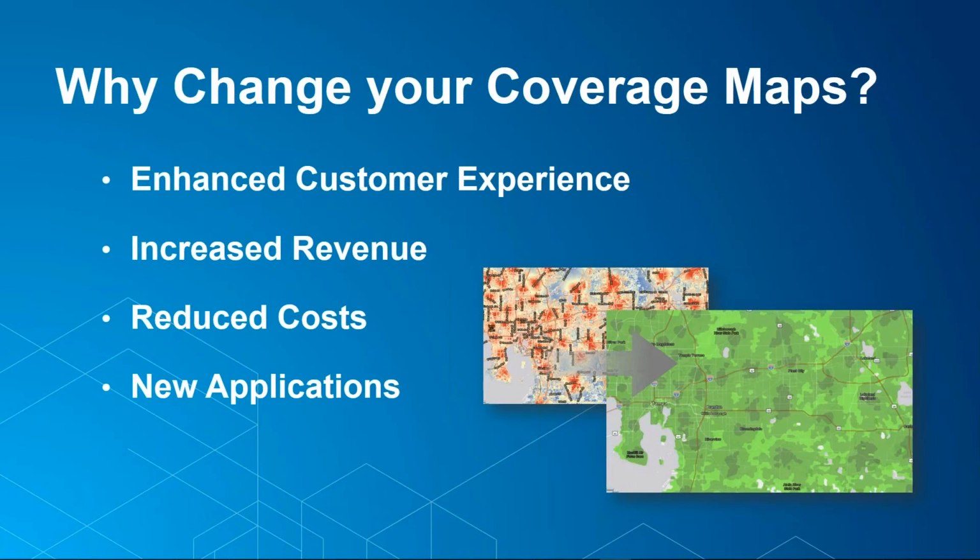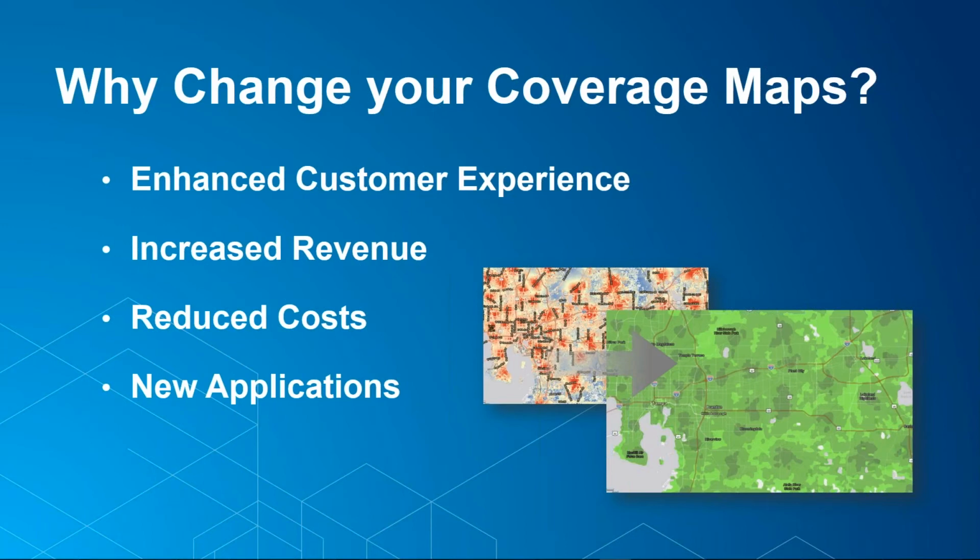The other thing too is reduced costs. I mean, just think about it. There's reduced storage costs, there's reduced processing time, there's a tremendous amount of cost reduction here. And with that cost reduction, you can actually start creating more maps, more specialized maps for different parts of the organization. So those are some of the new applications that you can do.